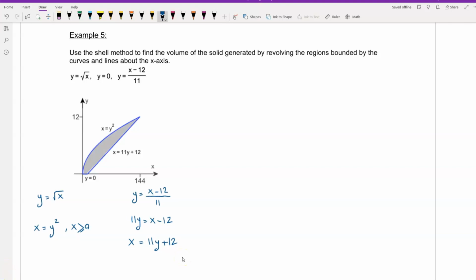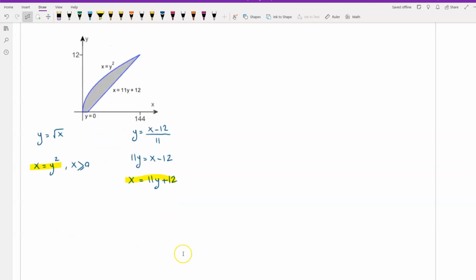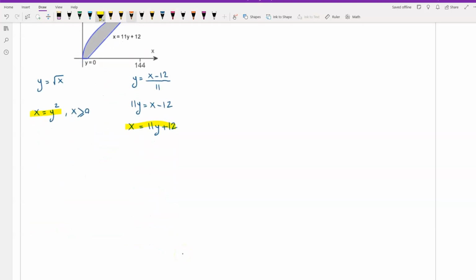And now based on what we have here, these two x's, solve for y. So using these two equations, solving for y to determine where the graphs intersect. So I'm going to write that here.